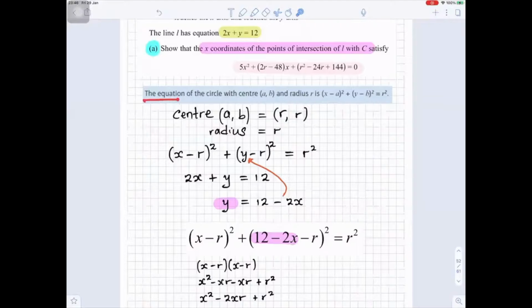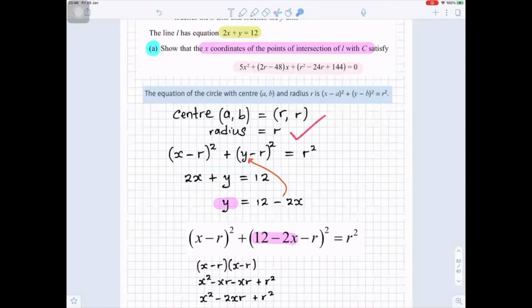The equation of a circle with center (a, b) and radius r is given by (x minus a) all squared plus (y minus b) all squared equals r squared. We're going to use that equation. So the center is (a, b) and the radius is r, because they both touch the x and the y axis.